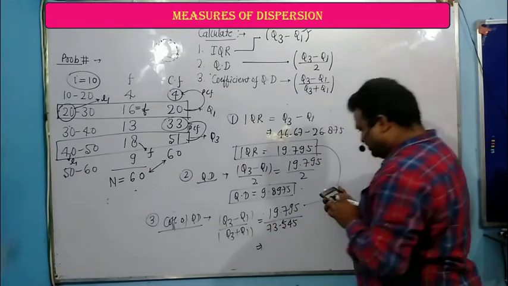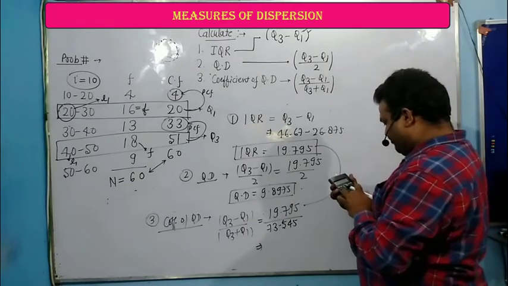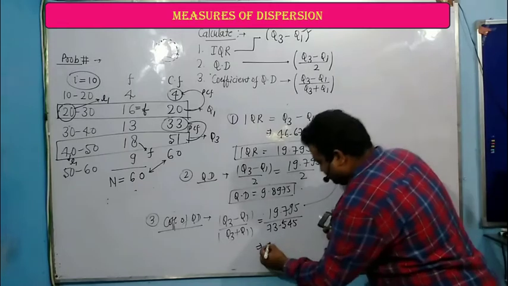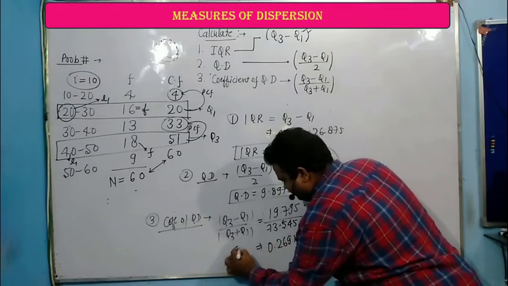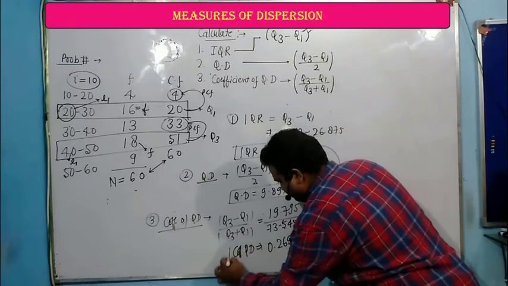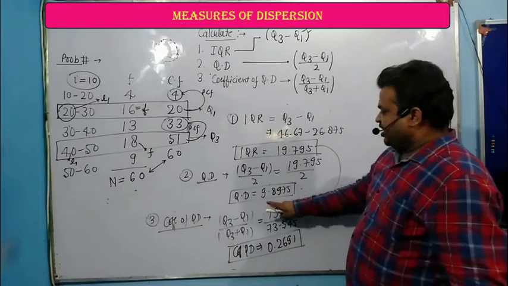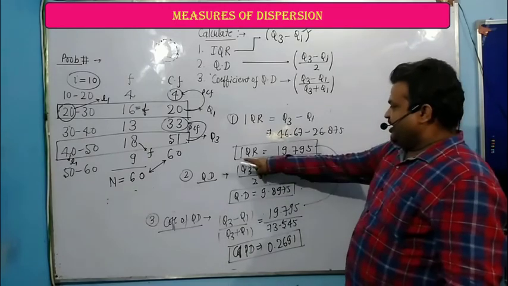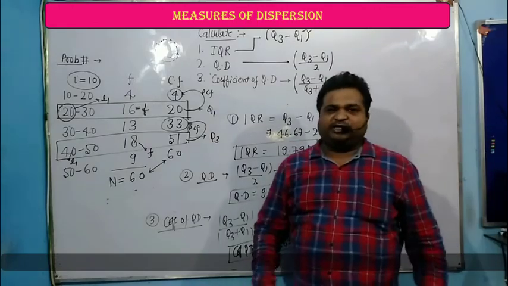So when you divide 19.795 by this answer, you will get 0.2691. So this is the coefficient of quartile deviation. My coefficient of quartile deviation is 0.269, the quartile deviation value is 9.8975, and my interquartile range, the difference Q3 minus Q1, is 19.795.